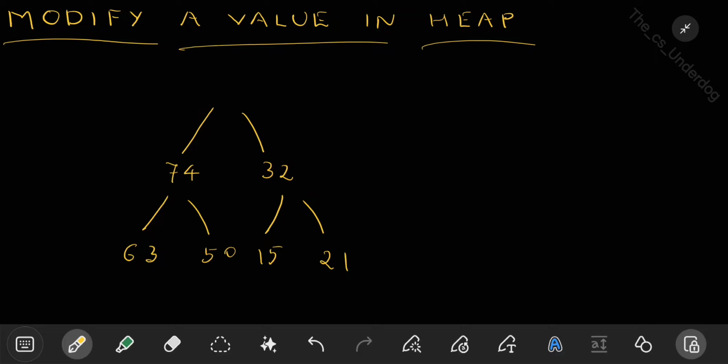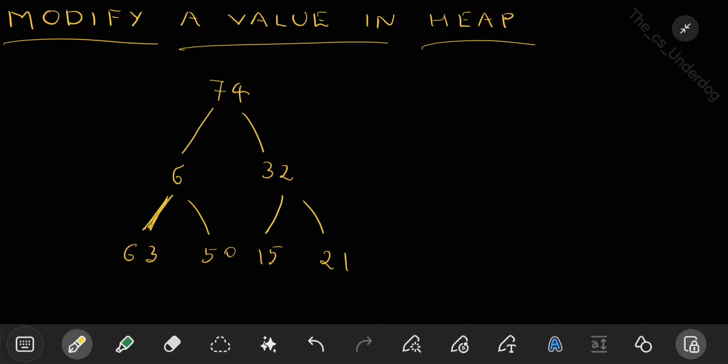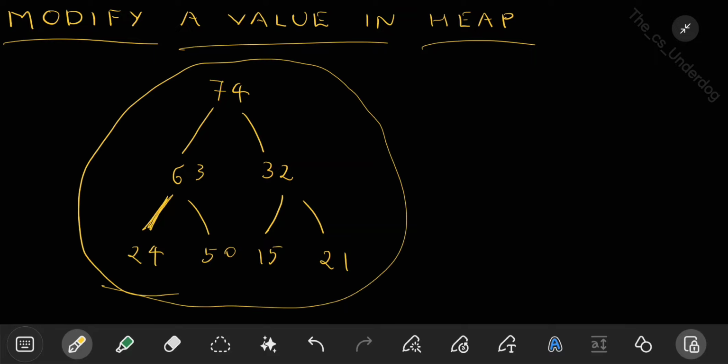So I'll substitute 24 here, 74 here. Next, I have to check 24 with both its children, 63 and 50. 63 is larger this time, so I have to swap 24 with 63. So 63 will come here, 24 will come here. And this is my heap. This is now satisfying the heap properties.